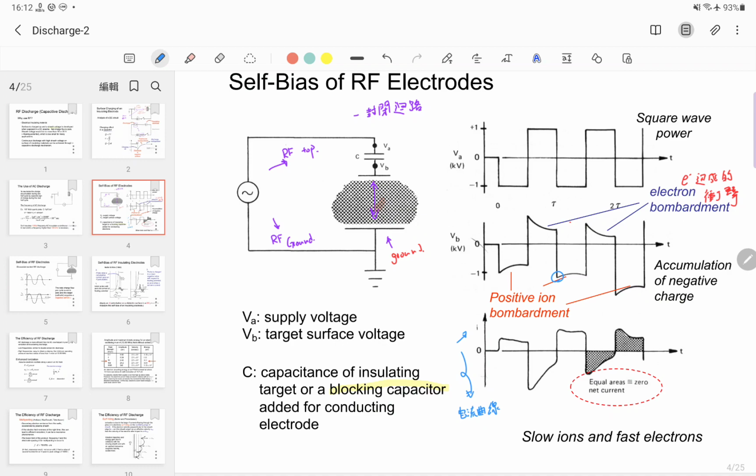After several cycles, if we check each cycle, in the negative cycle the ion charge collected equals the electron charge collected.